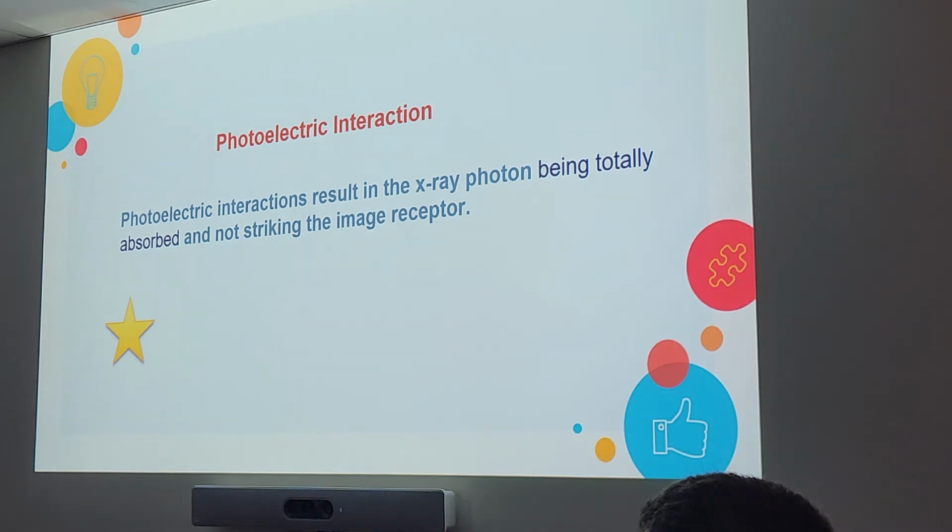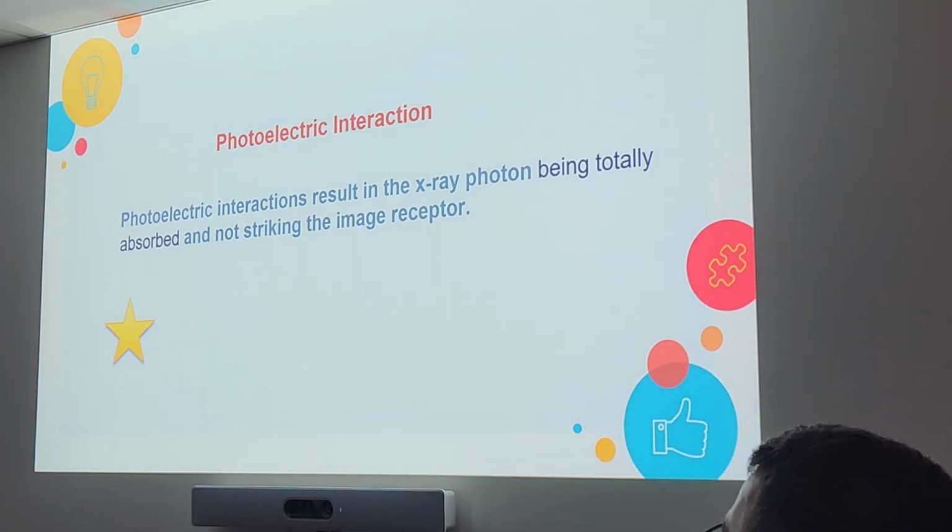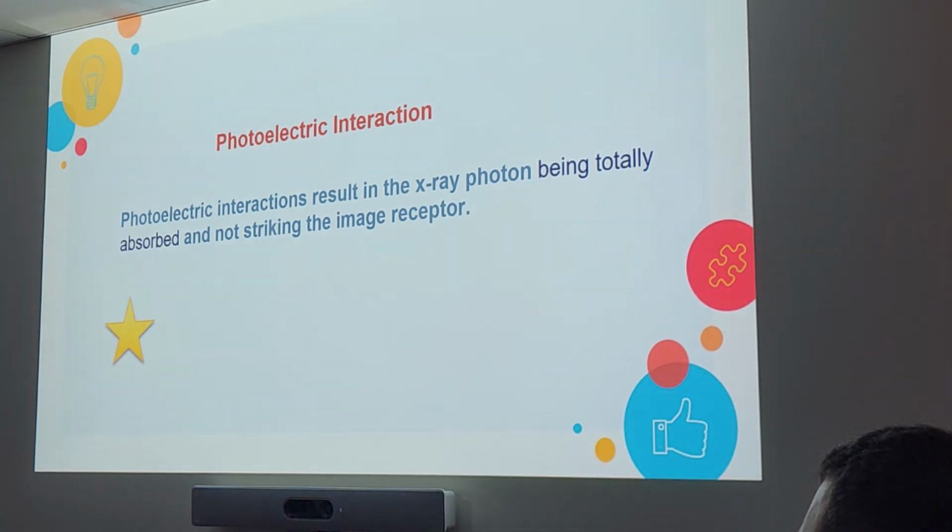The photons get absorbed. The electron fired is completely absorbed by the atom it's interacting with, or the target, therefore not hitting the IR, leaving the image in the body and not on the plate.